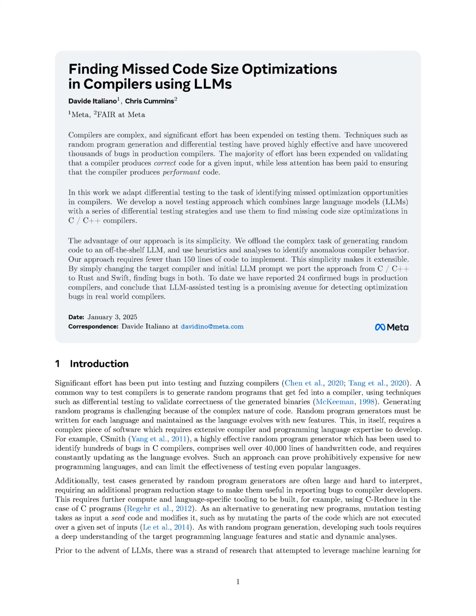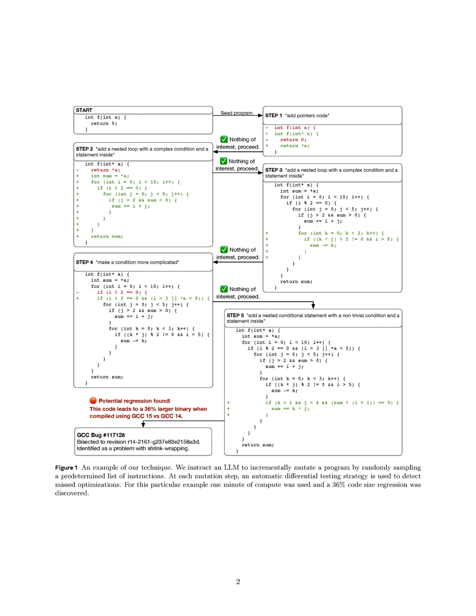In contrast, traditional generators like CSmith often become outdated and require significant updates to accommodate new language features, which can be prohibitively expensive. Overall, our mutation-based methodology streamlines the process of generating compiler test cases while maintaining effectiveness in identifying missed optimization opportunities.